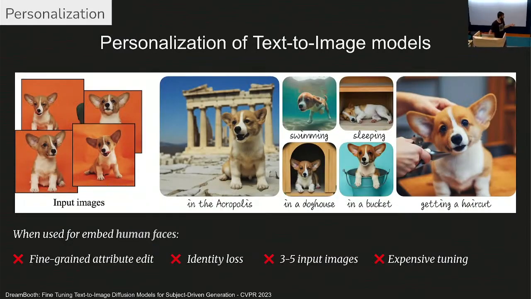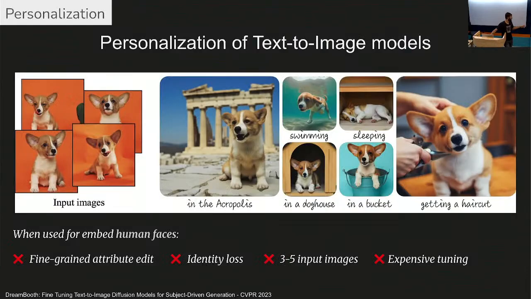So again, coming back to Dream Booth, if we apply Dream Booth as it is directly for faces, it has several issues. First of all, it does not allow for fine-grained attribute editing. For example, you invert a face, now you want to change the facial attributes, like making the person smile a little bit or adding eyeglasses. All those things are not possible directly with Dream Booth. Second is identity loss.